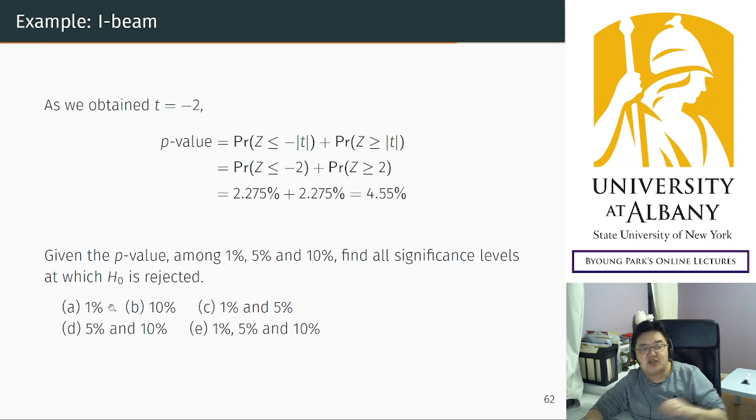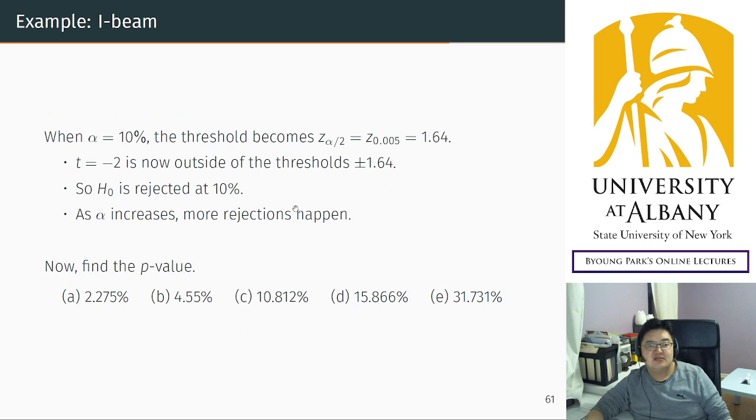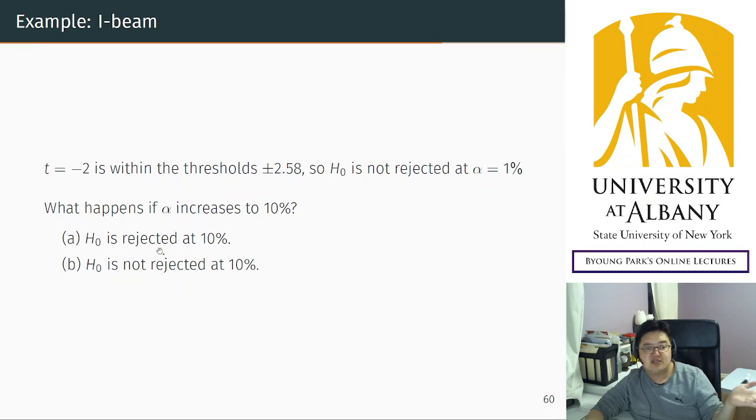However, if you are rejecting only 1%, then you can survive. You are not rejected. So it is consistent with what we have seen here. When we considered 1%, it was not rejected, but when you increase alpha to 10%, it is rejected.